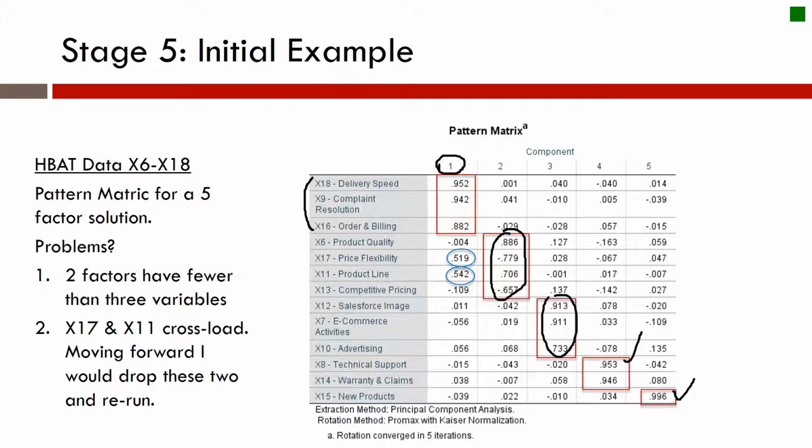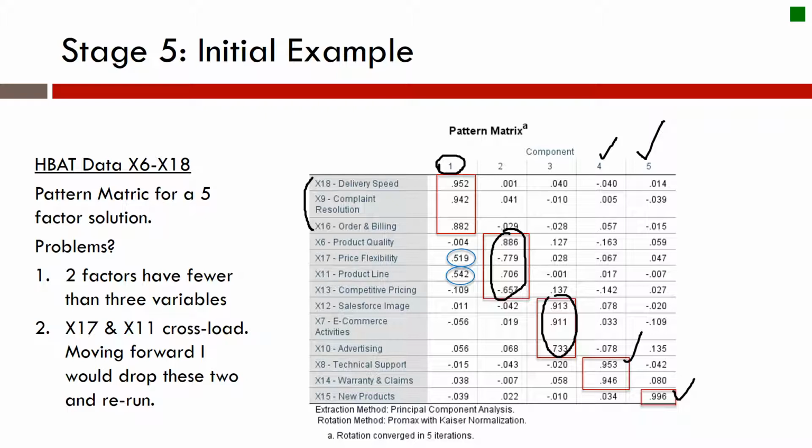So again, generally speaking, we want to have factors that have more than 2 variables that support them. So factor 4 and factor 5 are questionable. However, it is possible to have 2, though it's not desirable.